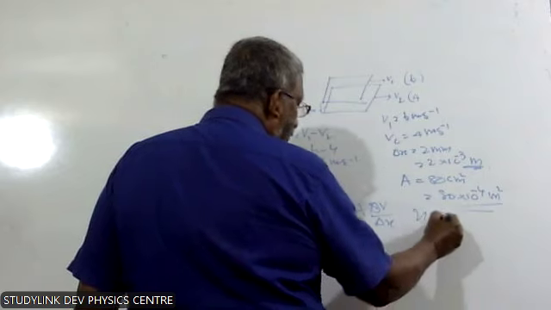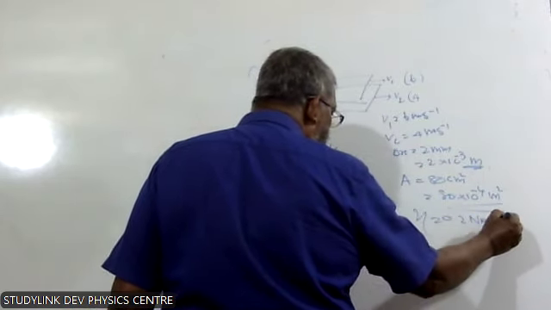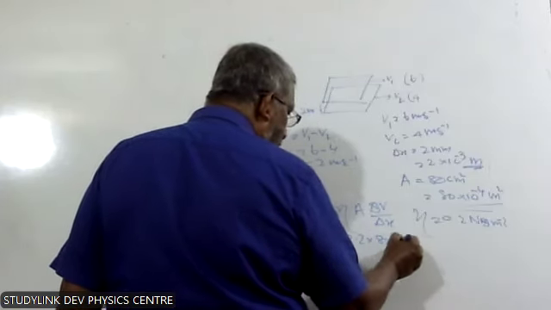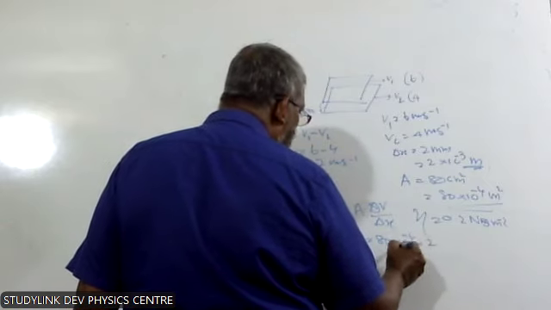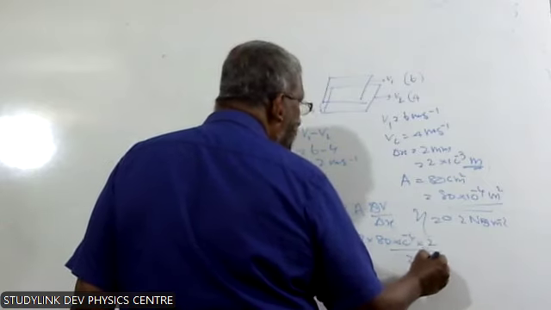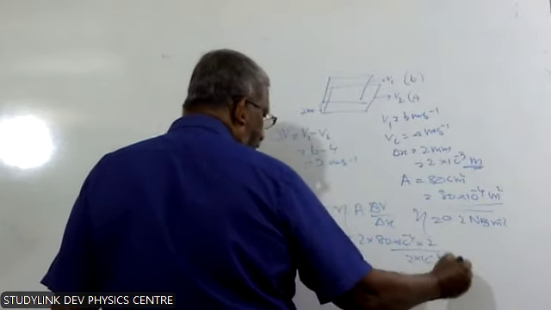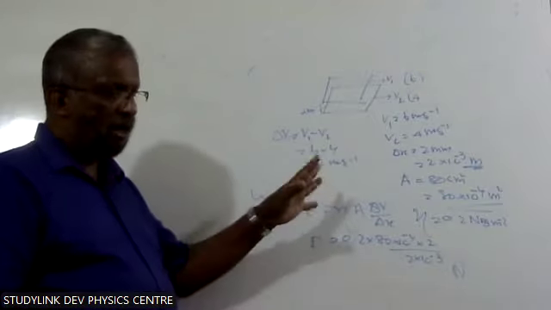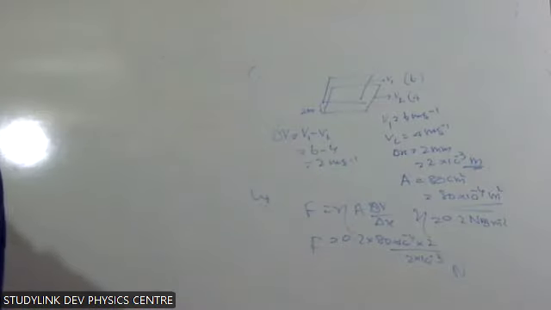For eta, you write 0.2 N s m^-2. Then A, 80 × 10^-4, delta V 2, divided by 2 × 10^-3. Now when your answer comes in Newtons, just note it down. After that you can work it out.